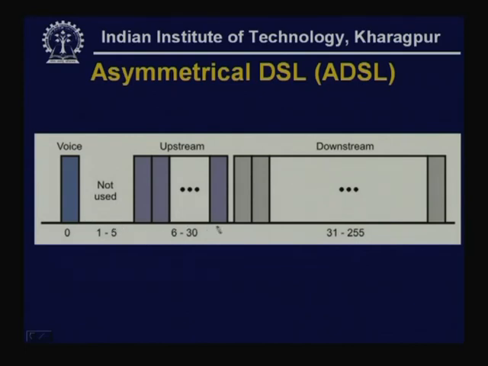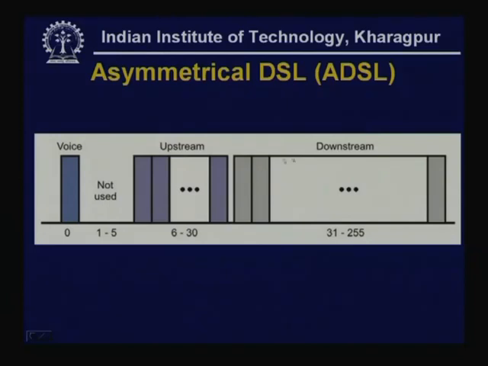Then there are upstream channels, 24 upstream channels, one of which is control channel, from 6 to 30, and downstream channels 31 to 254. So, you have got a larger number of downstream channels compared to upstream channels. You may be asking why.